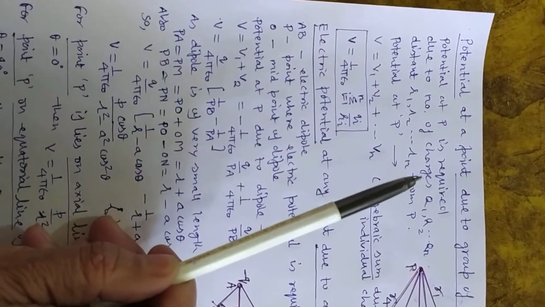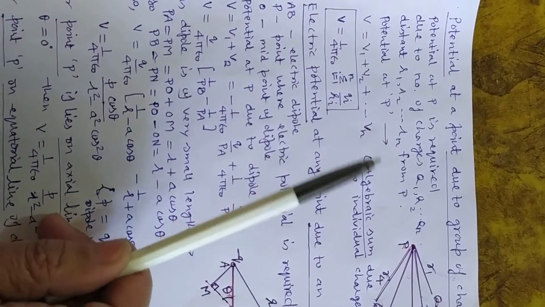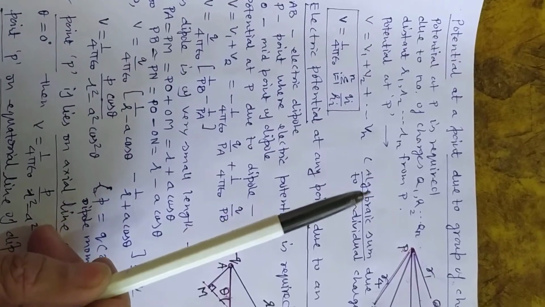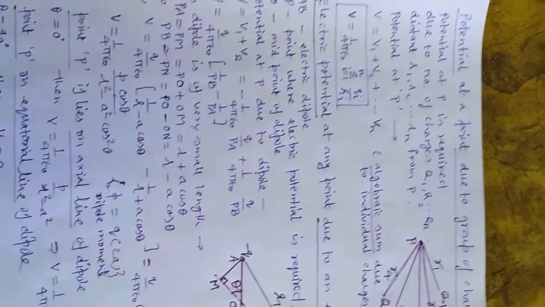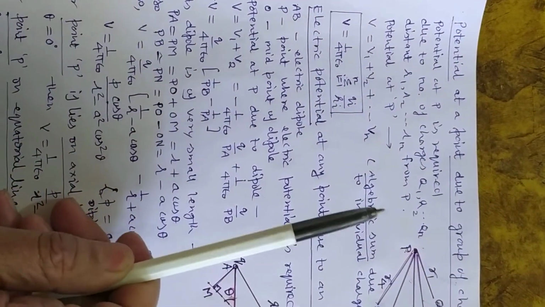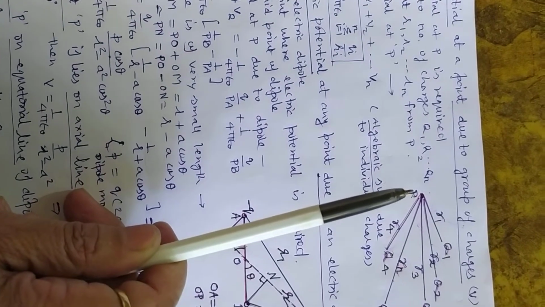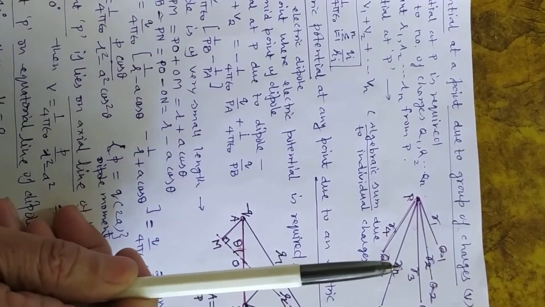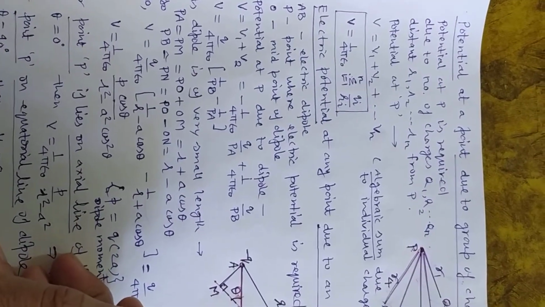So we can find the potential with the following concept. I told you that the potential is a scalar quantity. Which type of quantity? This is the scalar one. So there will be at point P the potential due to each source charge, right?